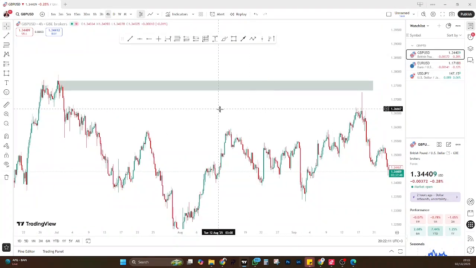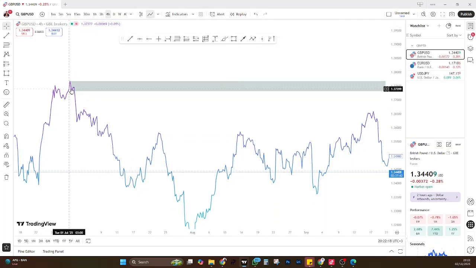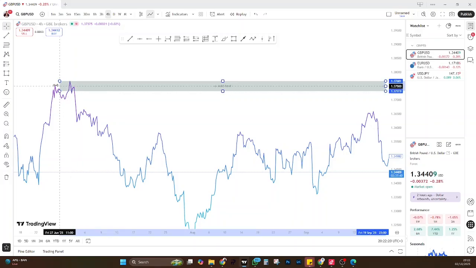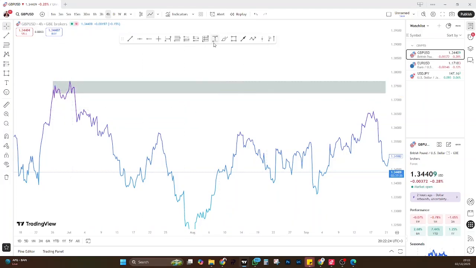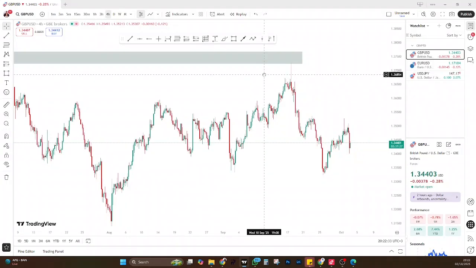Can you see that? When you draw, you don't draw with the wicks, you draw with the bodies. Let us go back. What happened when the market got to that area? The moment it got to that area, it just tapped and it started to sell.